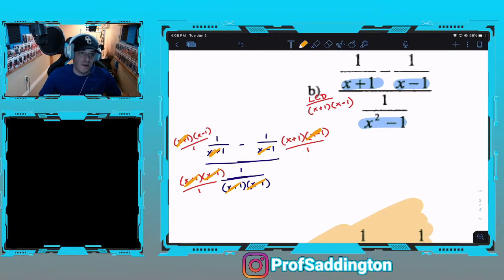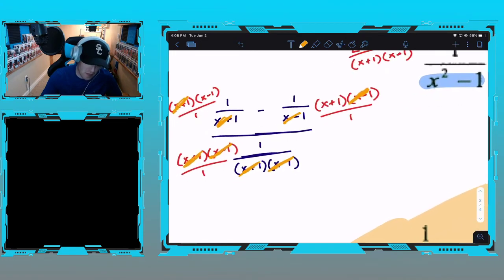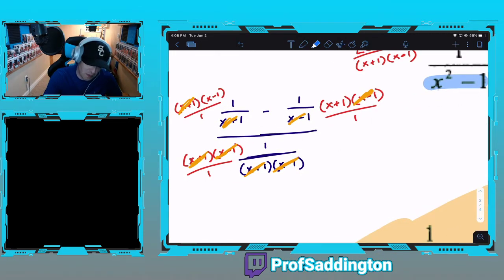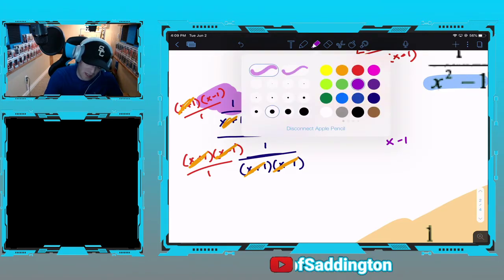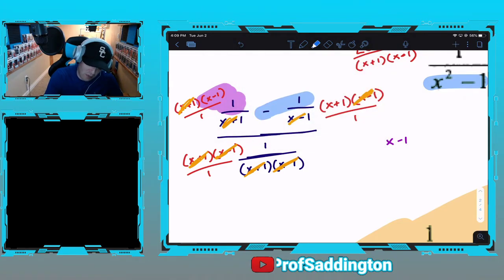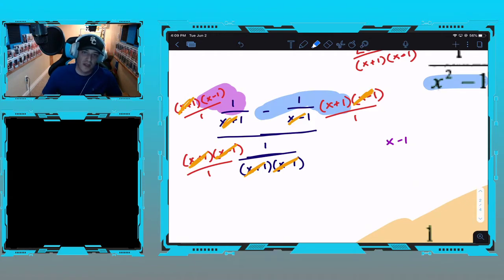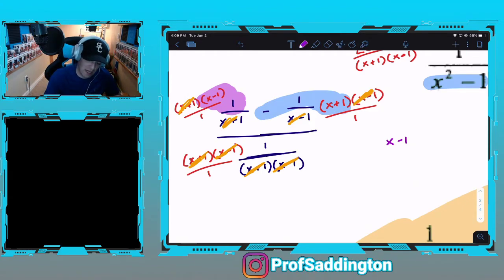Now, we just have to multiply what's left over. The first one is just being multiplied by 1, so that one's pretty easy. x minus 1 times 1 is just going to be x minus 1. The next part is going to be negative 1 times x plus 1. So make sure you distribute that negative again.